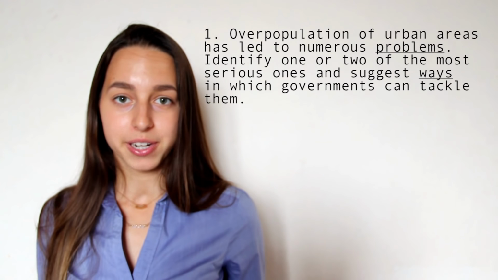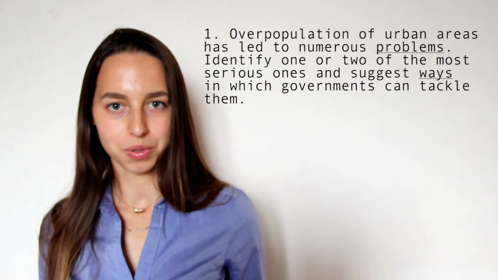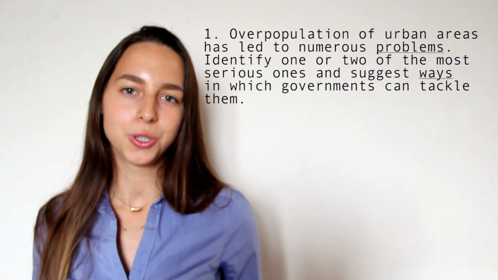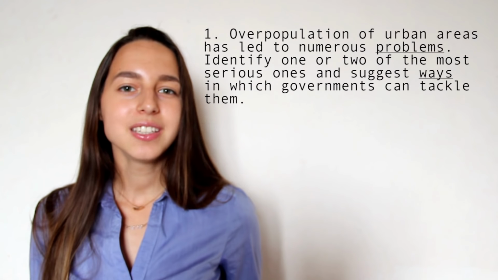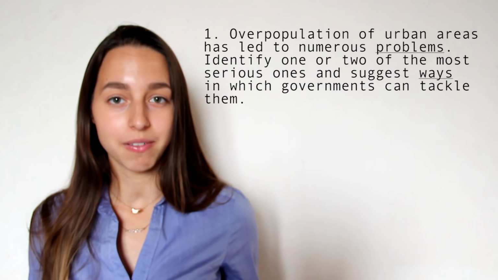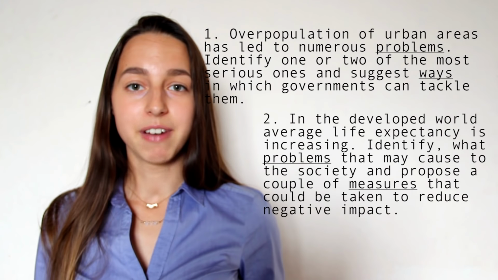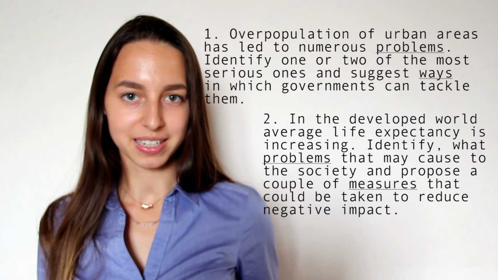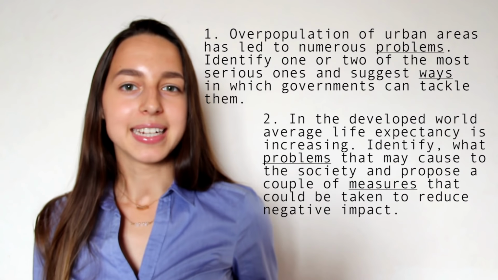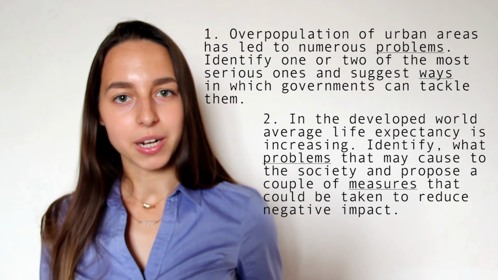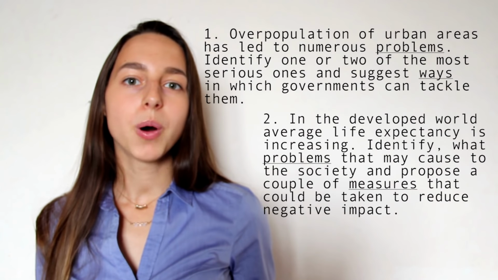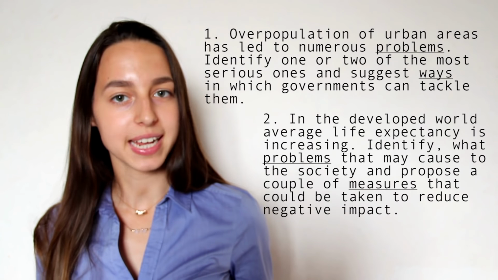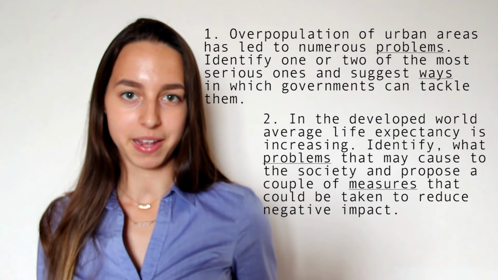Overpopulation of urban areas has led to numerous problems. Identify one or two of the most serious ones and suggest ways in which governments can tackle them. In the developed world, average life expectancy is increasing. Identify what problems that may cause to the society and propose a couple of measures that could be taken to reduce negative impact.